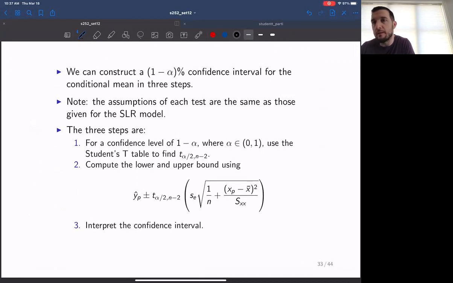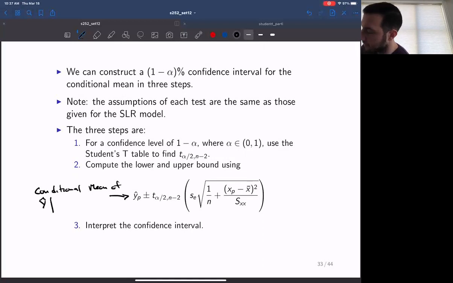Step 1 is the same as it was for the confidence interval that we constructed for beta 1. On step 2, we have our confidence interval formula. In this illustration, y hat p is the conditional mean of y hat given x. This is our estimate of the mean of that normal distribution when x is equal to some value, xp.